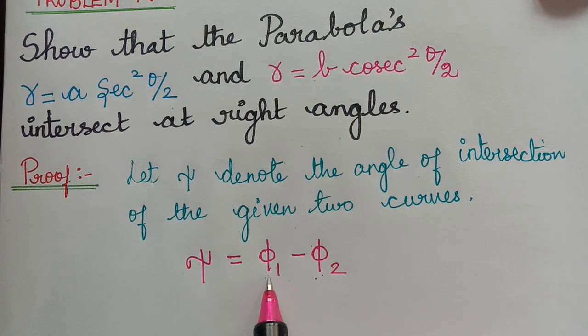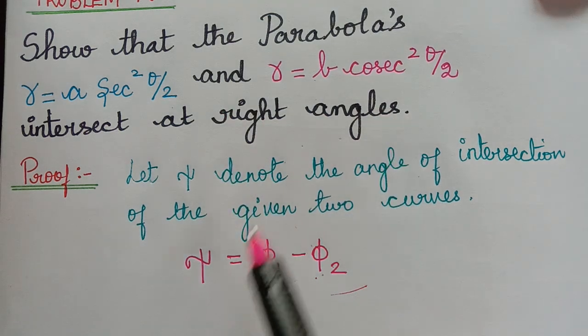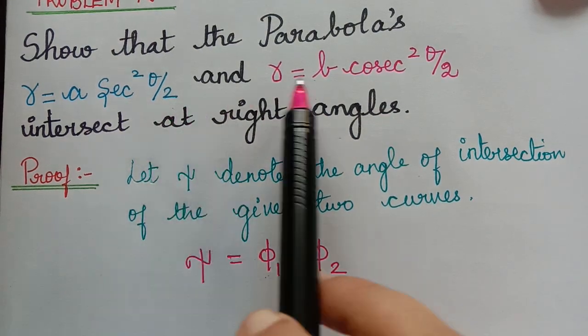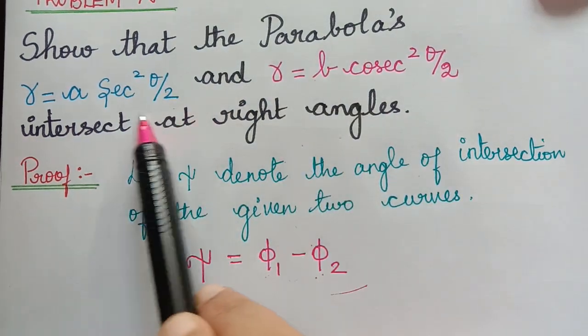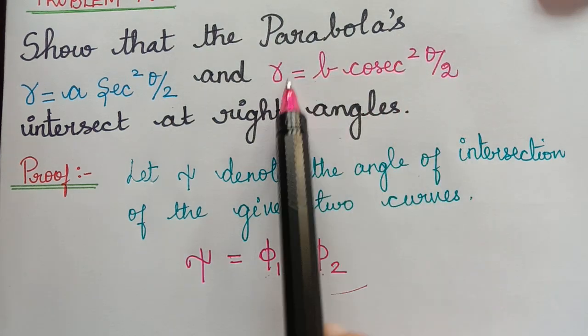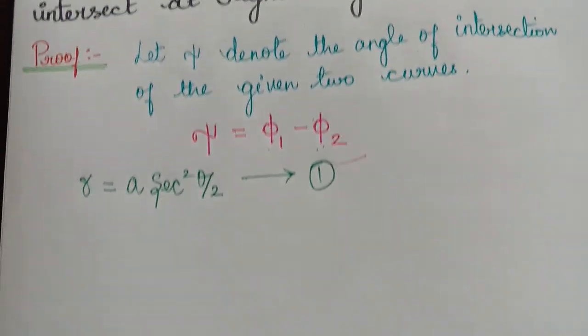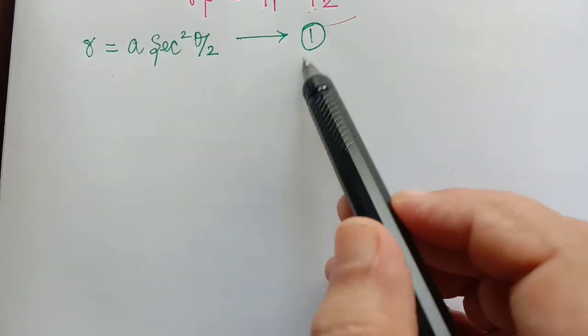So let us see how to find φ1 and φ2 for the given two curves. As the first step, let us mark the given curves as equation 1 and equation 2, where equation 1 represents curve 1 and equation 2 represents curve 2. So I have taken r = a sec²(θ/2) as equation 1.